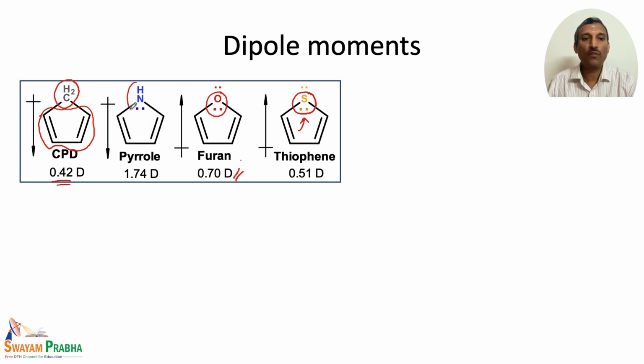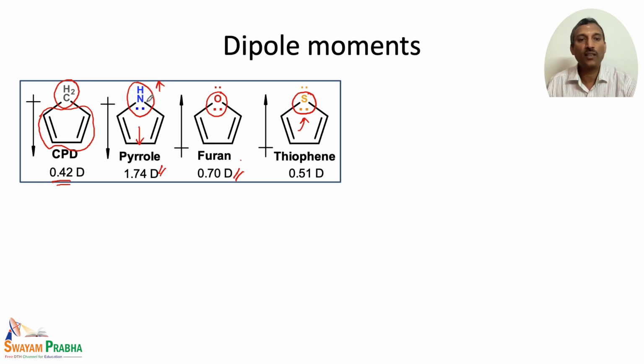Although we have a heteroatom, that is nitrogen, which is present, which is actually more electronegative than carbon, so we expect the dipole moments to be polarized towards the heteroatom, but unfortunately what we see is pyrrole is having a very high dipole moment, and that too here the dipole is towards the ring and not towards the nitrogen atom. So what is the reason?